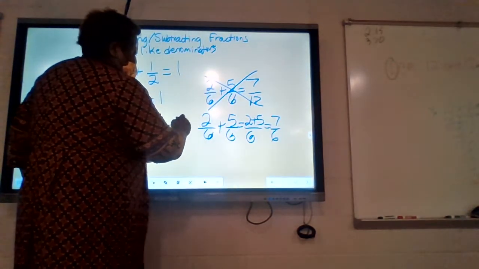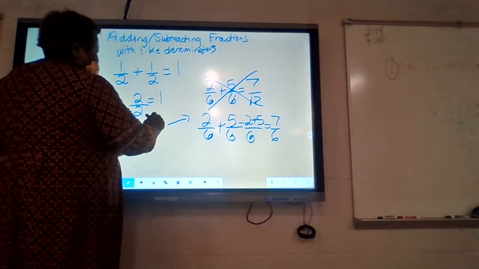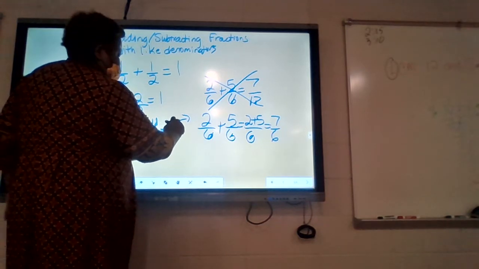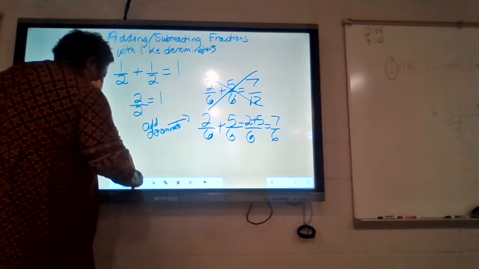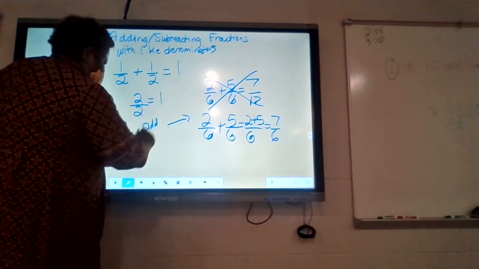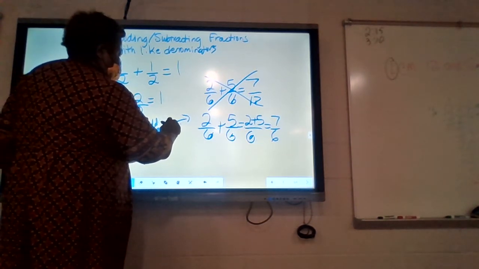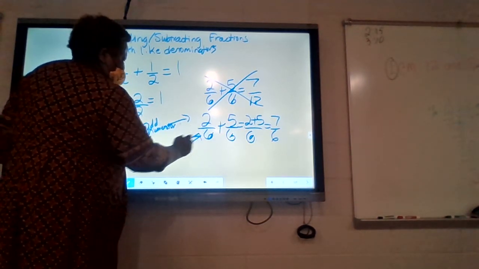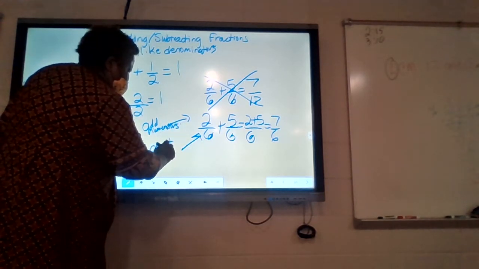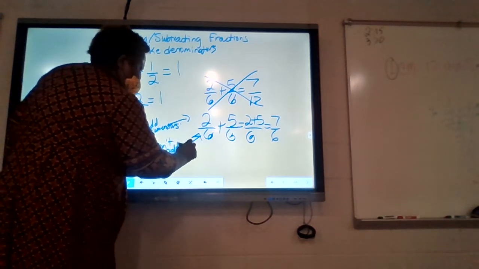So write this in your notes: you add the numerator, and you don't add the denominators.